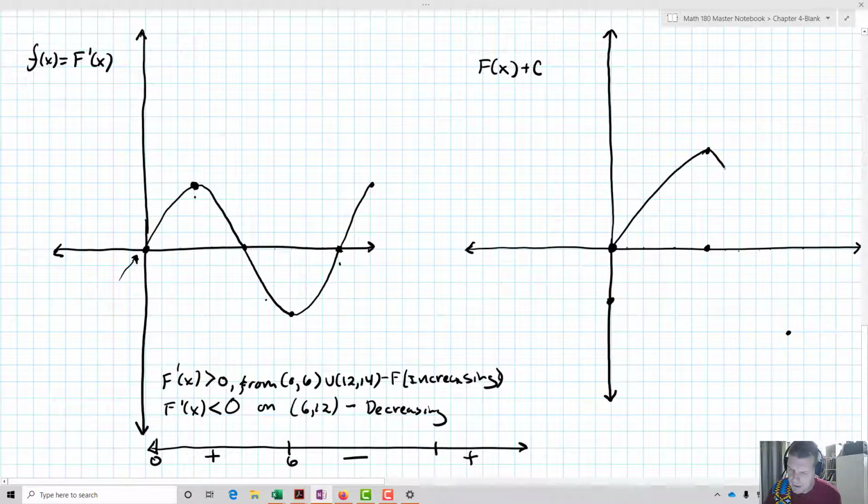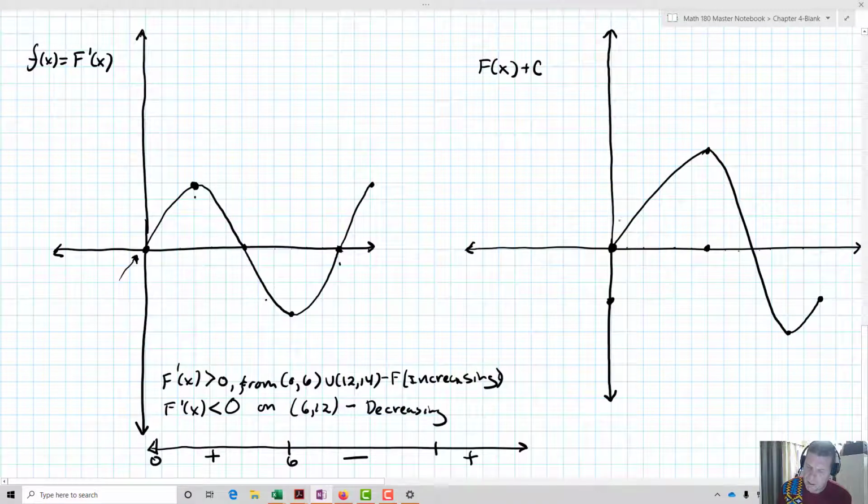And then we'll decrease, and then we'll start increasing again until we hit 14. So you see big F is increasing from 0 to 6, decreasing from 6 to 12, and then increasing again from 12 to 14, with a relative maximum at 6 and a relative minimum at 12. And we got that all from the first derivative information.